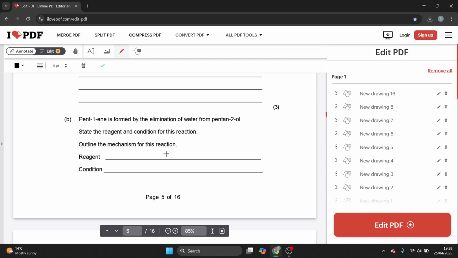So with pent-1-ene to pentan-2-ol, I'm going from an alkene to an alcohol. Even if you get the reagent part wrong, it doesn't really matter. But it is concentrated H2SO4 or concentrated H3PO4.